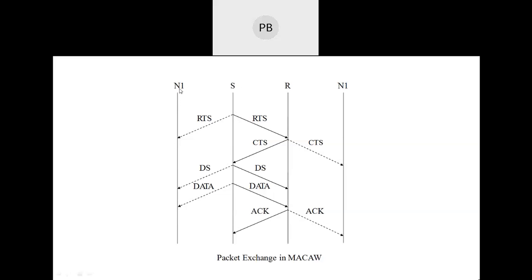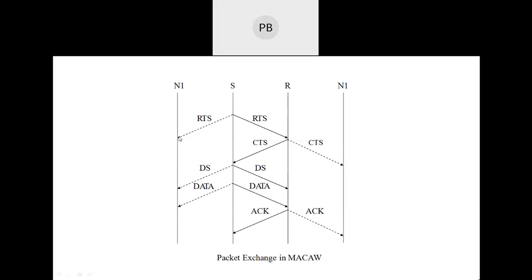Initially it is N1 and suppose N2, because till now it is not confirmed who is going to receive the packet. So the sender S sends the RTS packets to both of them.